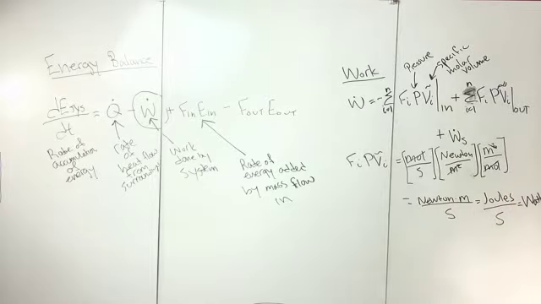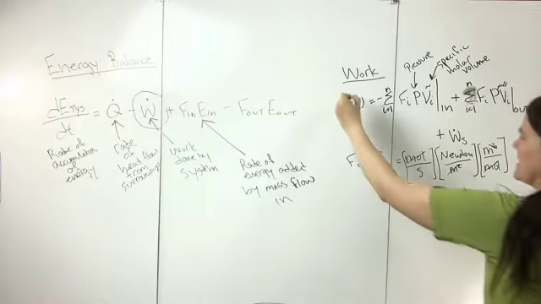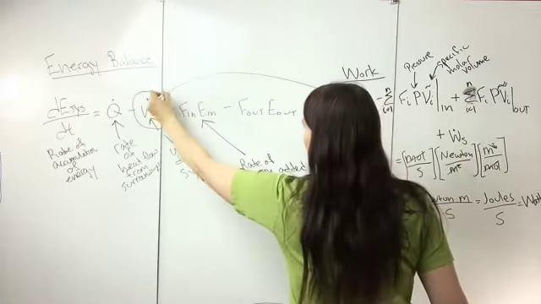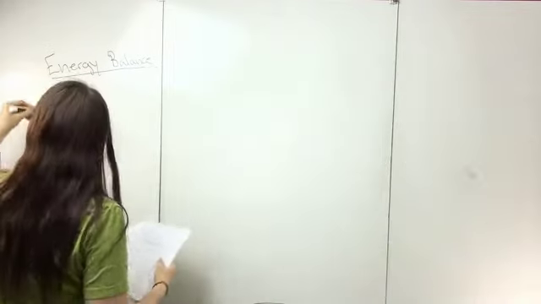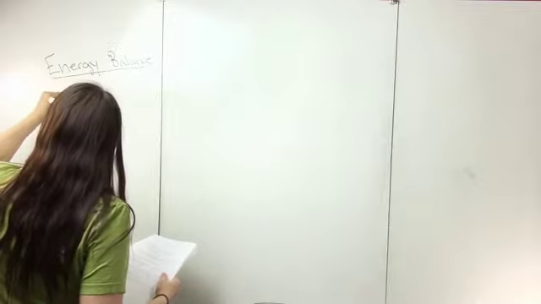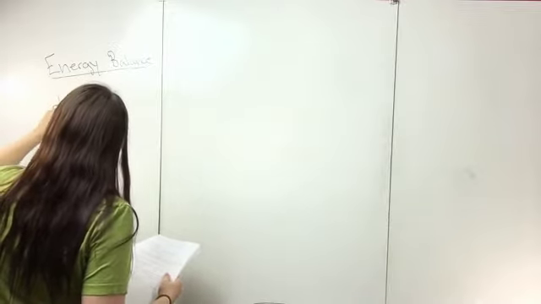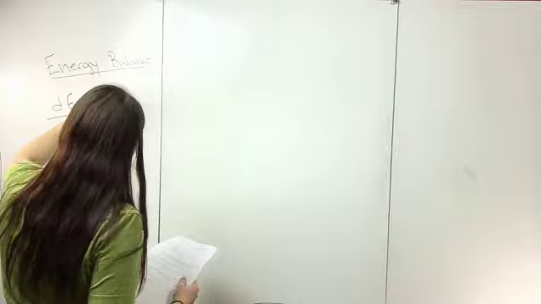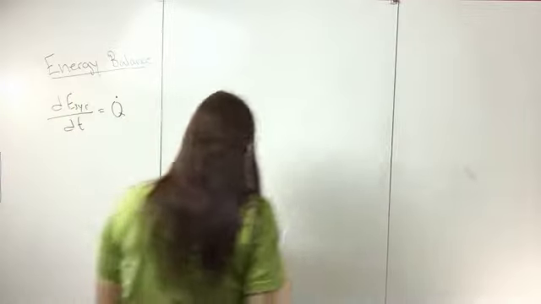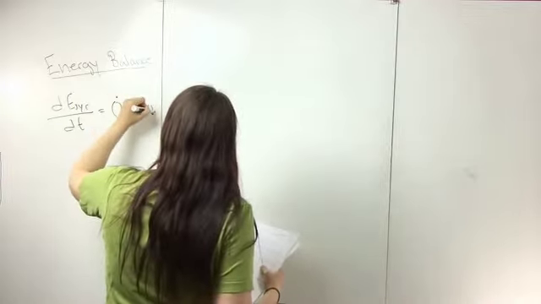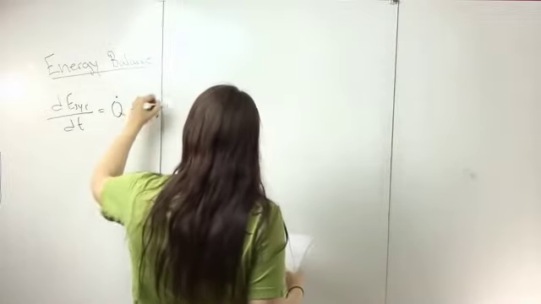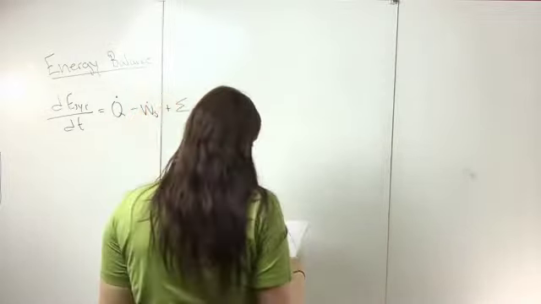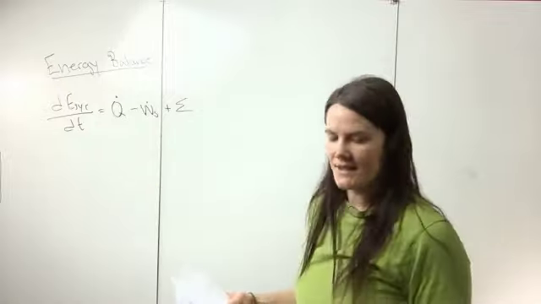Now what I want to do is combine this into here. And so I'm going to erase some stuff to do that real quick. This is equal to Q minus the shaft work plus, and then I kind of combine these two sums.